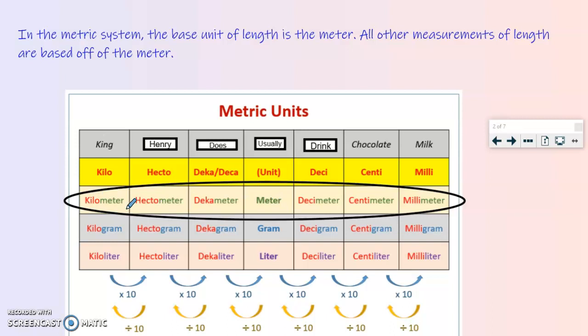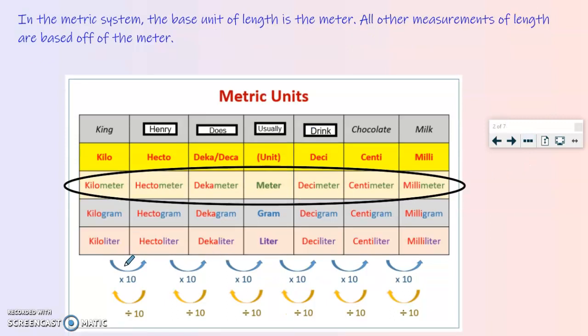And we also talked about how it took 1,000 meters to make up 1 kilometer. And so that's demonstrated down here. When we're going from the larger units down to the smaller units, we will multiply. It might just be from centimeters to meters, might just have to multiply by 10. But when we're going from meter to centimeter, we have to do 2 multiples of 10, so we multiply by 100.